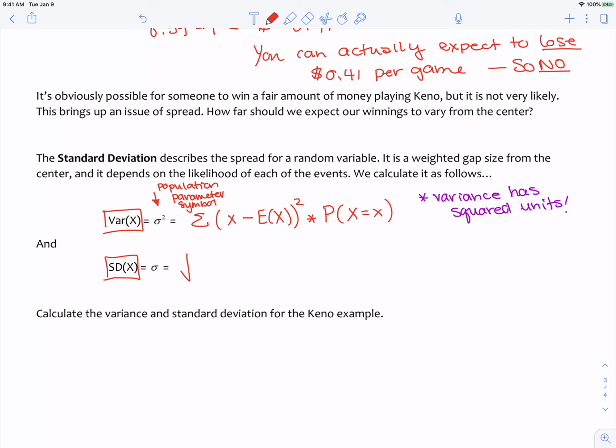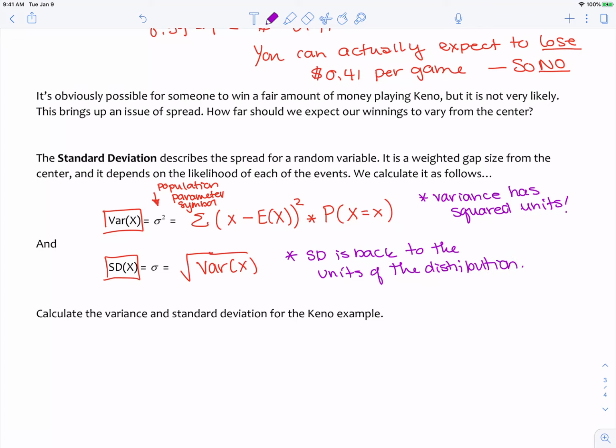So the standard deviation is just the square root of the variance of x, and then we're back to units of our distribution.